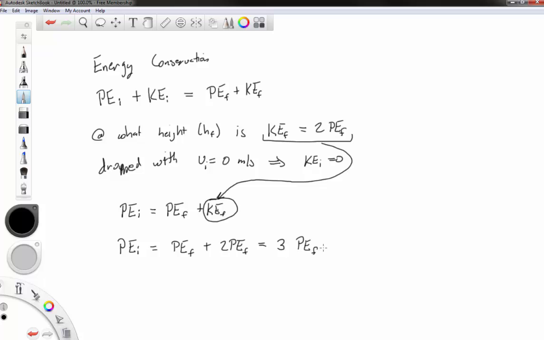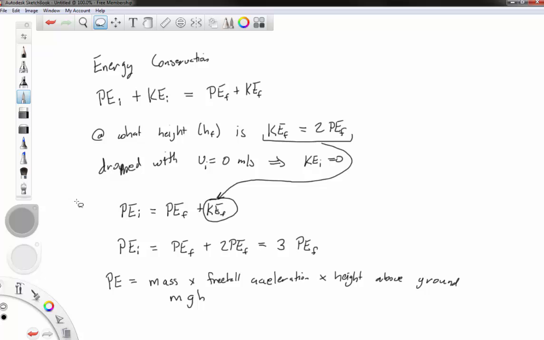Okay. Now recall that potential energy is given by mass m, times free fall acceleration g, times height above the ground. So again, we can write this as mgh. What does this mean for us?